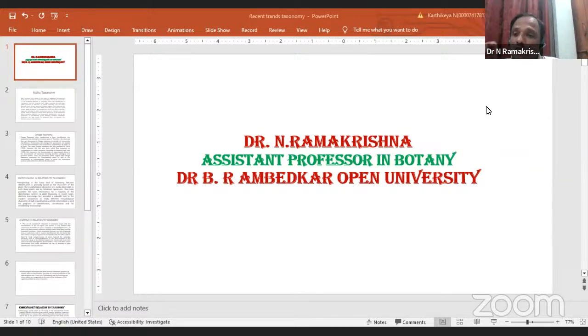But when you are studying in-depth investigations, going to the molecular levels, what type of plant anatomy, palynology, embryology, similarly cytology and other things. So based on these structures, we call this a recent trend classification, meaning in-depth investigations.